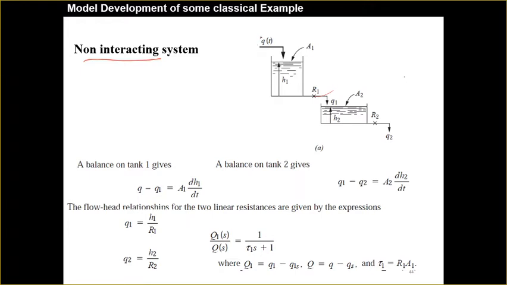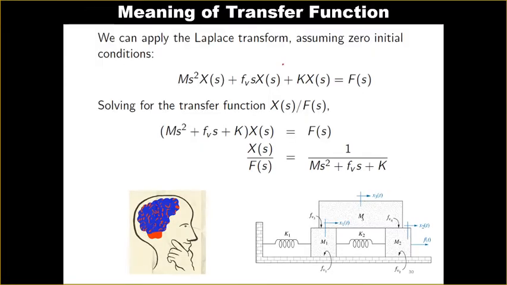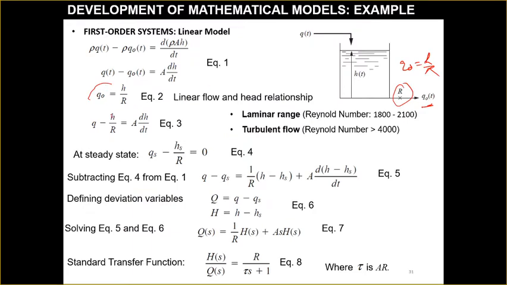As you know, for the single tank system, can we write Q minus Q1 is equal to A dH1 by dt? Yes or no? The rest will cancel out. You can see here the equation: Q naught is equal to A dH by dt.